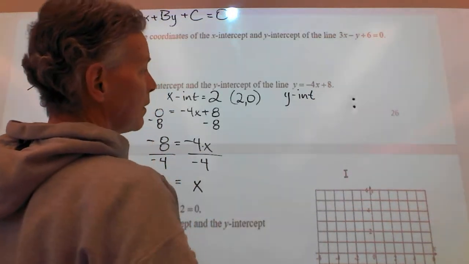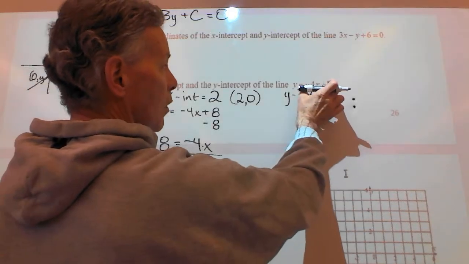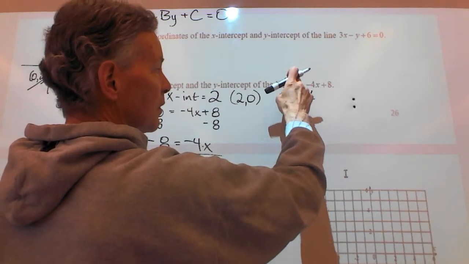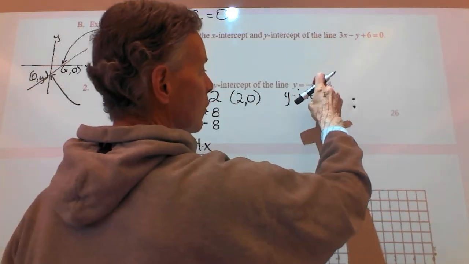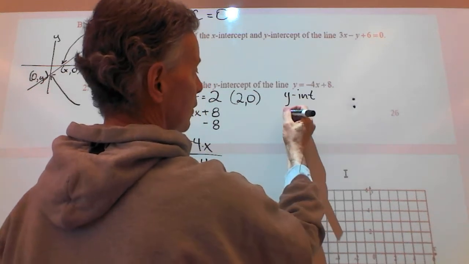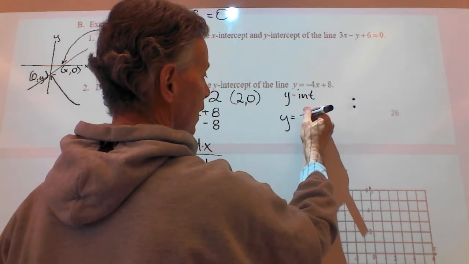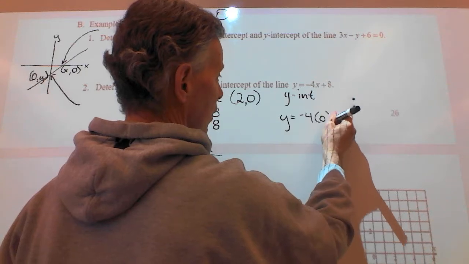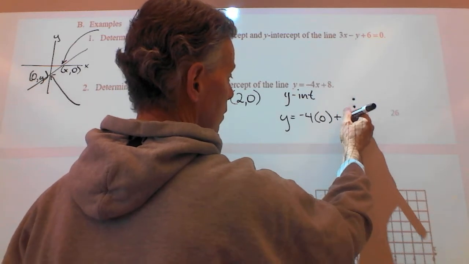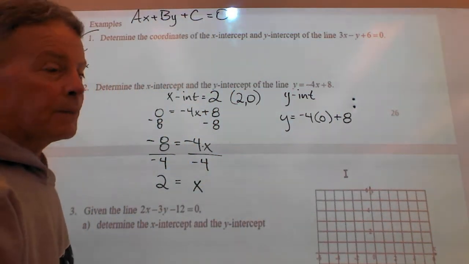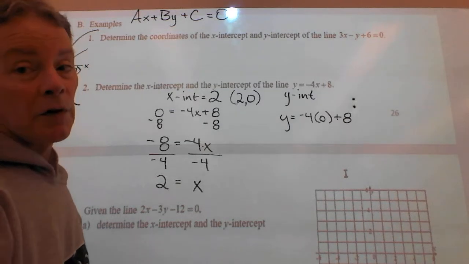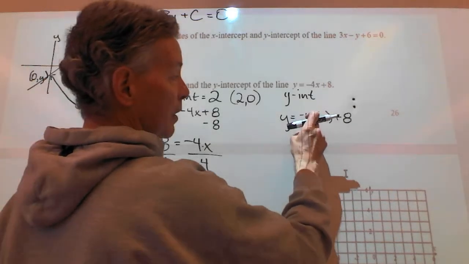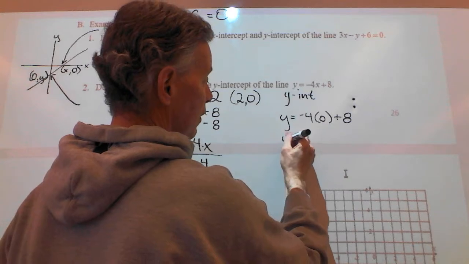Let's take a look at the y-intercept then. We're going to take our equation, and this time instead of substituting 0 for y, we're going to substitute 0 for x, giving us y equals negative 4 times 0 plus 8. Okay? This one simplifies really easily, because we know that negative 4 times 0 is 0.